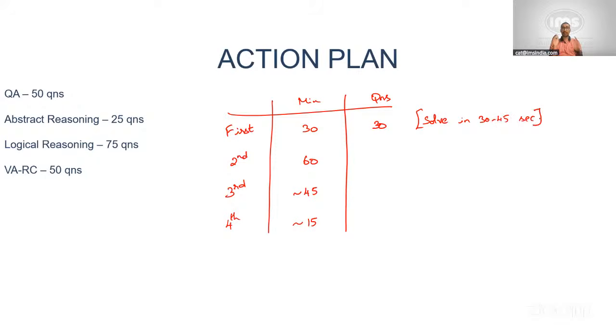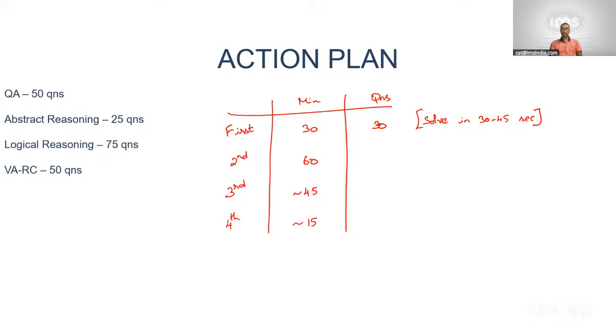If it takes a little more, but if it still remains within a minute, that is okay. Now, any question that you cannot solve in 30 to 45 seconds, you have to skip and say this question goes to phase 2 or phase 3. I hope I have made that clear now.